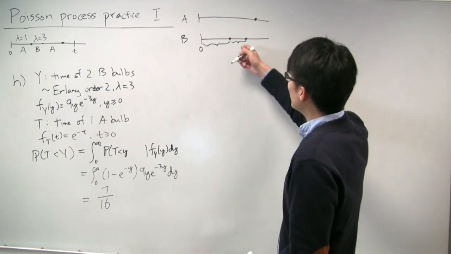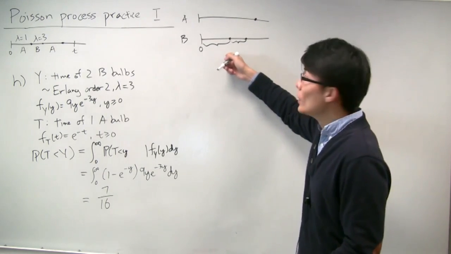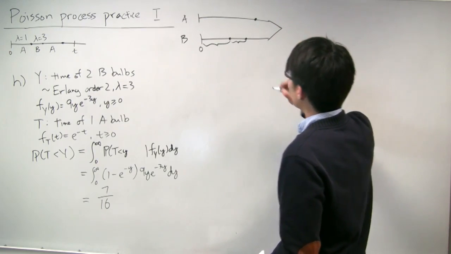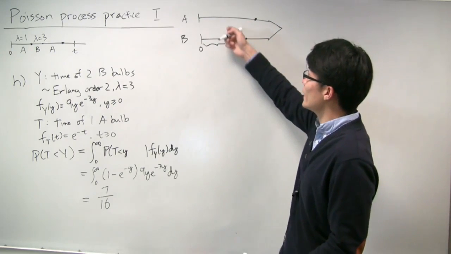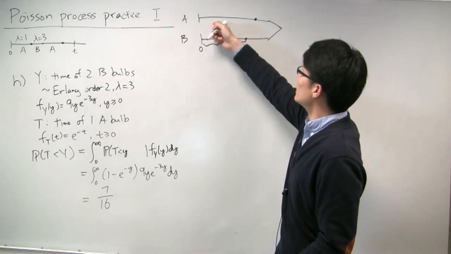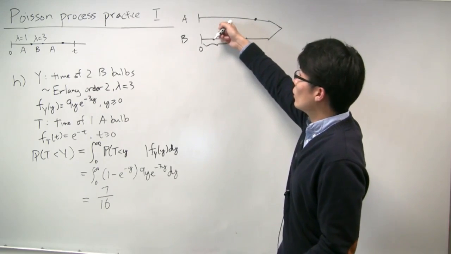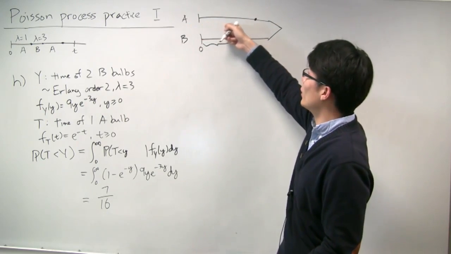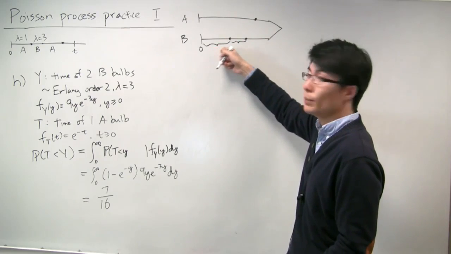And so how can we come up with a probability now? What we can do is merge these two processes. And we can merge them because they're both Poisson processes and they're independent, because how long type A bulbs last is independent of how long type B bulbs last.